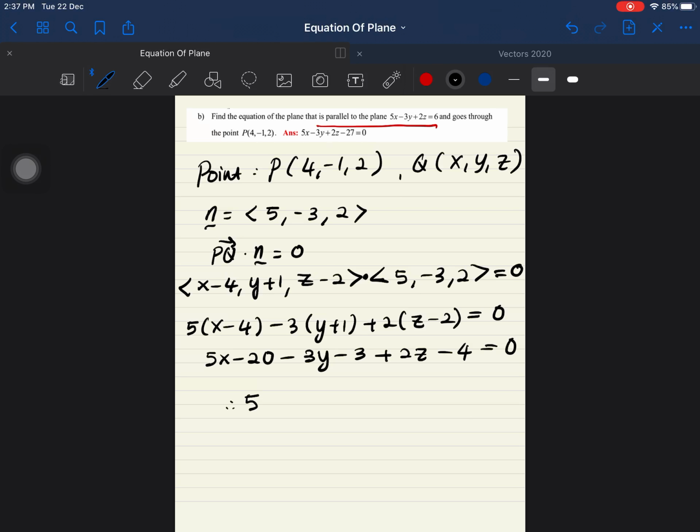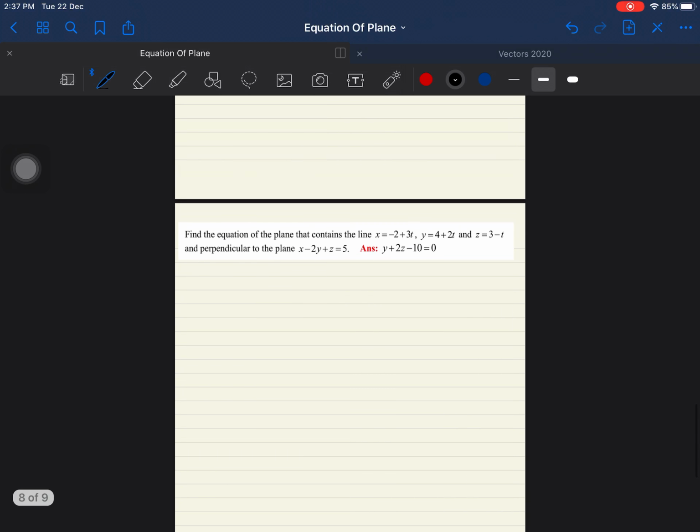So therefore, the equation of the plane is 5x minus 3y plus 2z minus 27 is equals to 0.